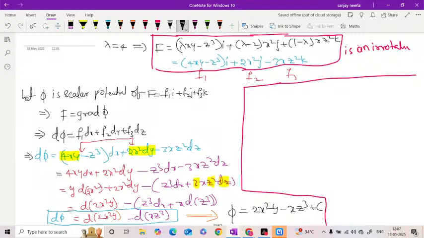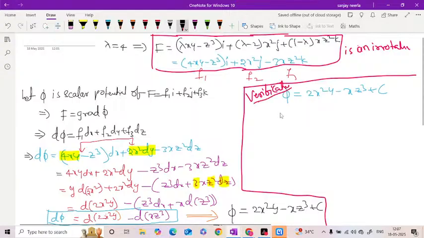What is our φ? Blue is better. φ is equal to 2x square y minus x z cube plus constant. Verification. Now just find the gradient of φ. What is our f? F is equal to gradient of φ.